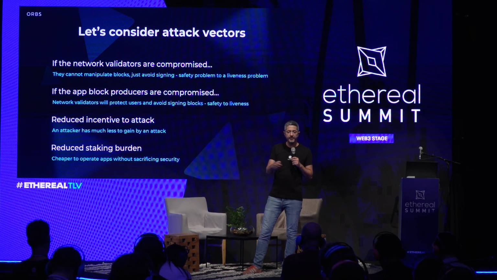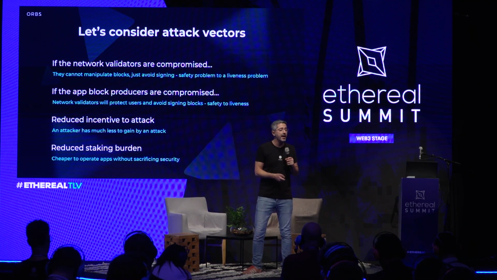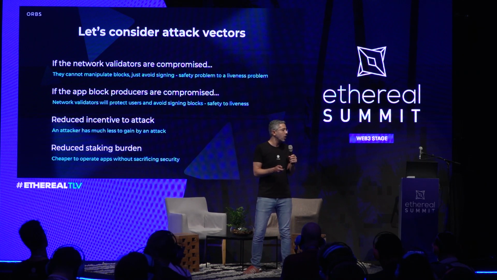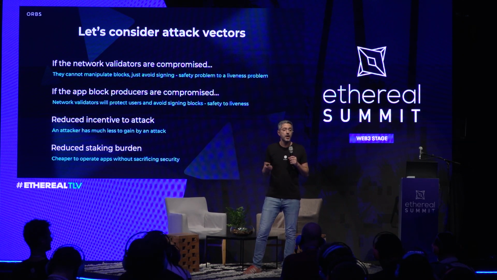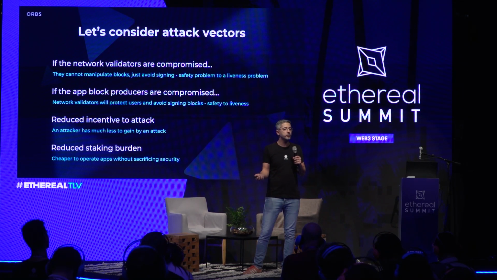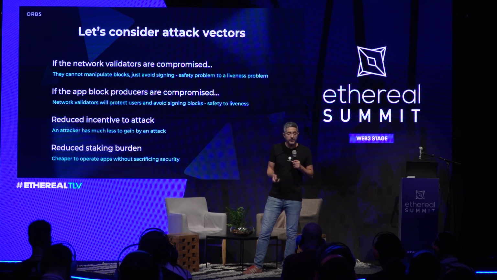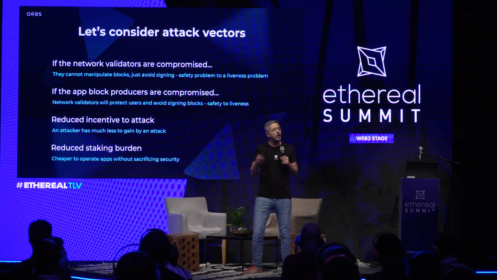Now let's analyze an attack vector from the other side. Let's imagine that Uber's servers are compromised. We said that the block producers on the left side are running on the app's own servers. So what happens if an admin in Uber goes rogue and the servers are compromised? This could happen. Then again, we have the network validators, and they have not been compromised.